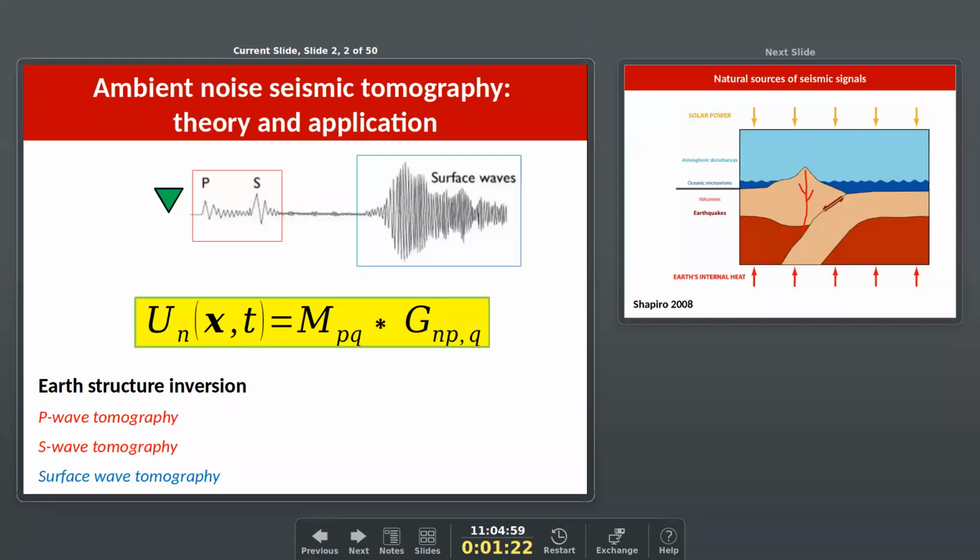Just a moment. Okay. Is to reconstruct the Green's function. Sorry, just a minute. Okay, I'm just having problems here. Why is it not working?